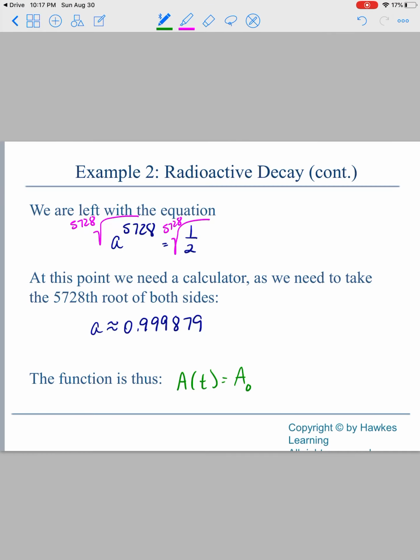And then my a value here is 0.999879 raised to the t power. That's my equation.